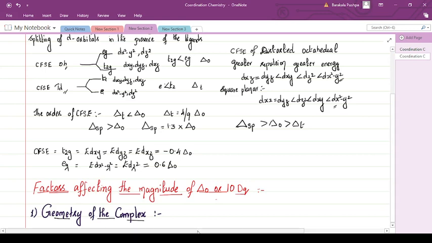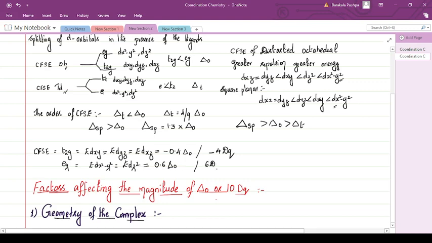In the same way, the presence of an electron in the eg level destabilizes the complex to the extent of 0.6 delta O, or 6 Dq.